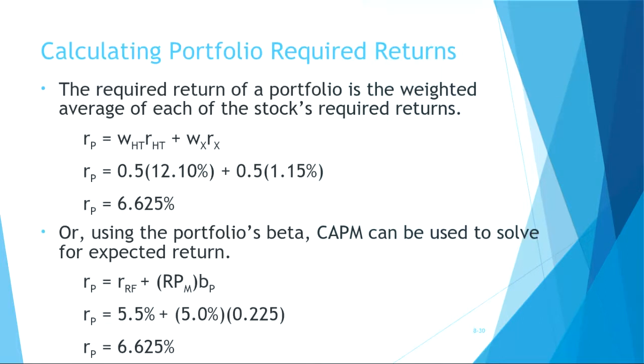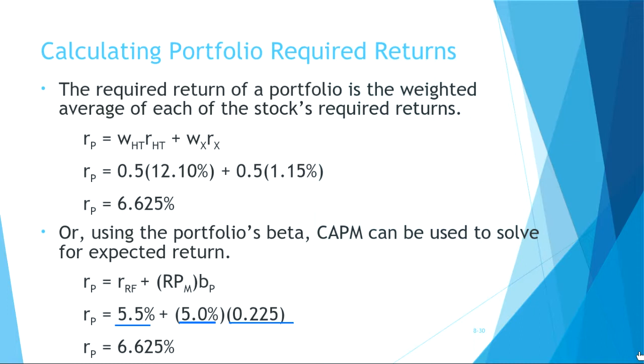Then, based on this portfolio, we can calculate the required return. So 5.5% is the risk-free rate, 5% is the risk premium, times beta gives you 6.62.